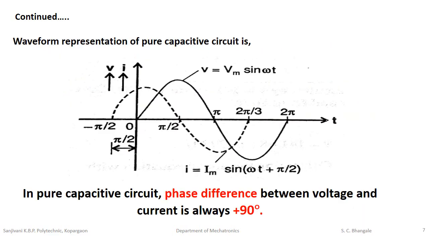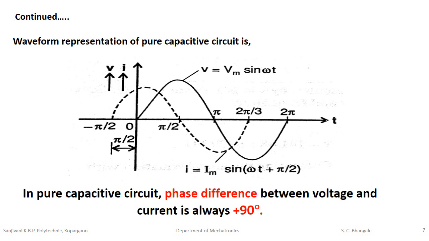Now we'll see the waveform representation of a pure capacitive circuit. In this waveform, the black waveform indicates the applied voltage, with instantaneous value V equals Vm sin omega t, and the dotted waveform indicates the current, with value I equals Im sin of omega t plus pi by 2.